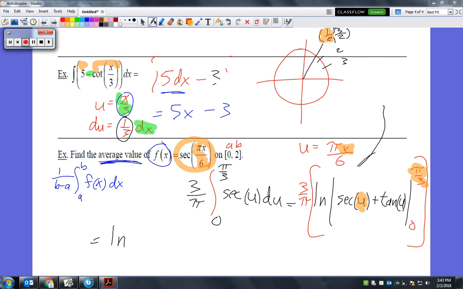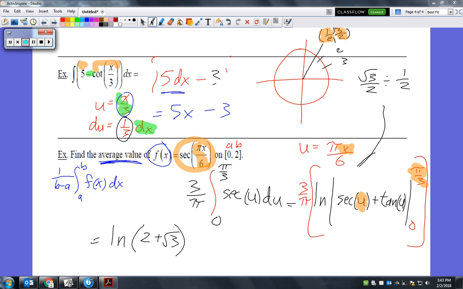Natural log of 2 plus, what's the tangent, which is the y over x? The y divided by the x. Remember how I told you to write it out to help you see it a little better? Keep change flip will now reduce to square root 3. See that?